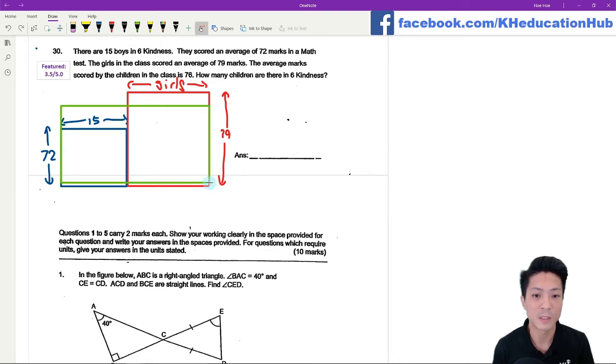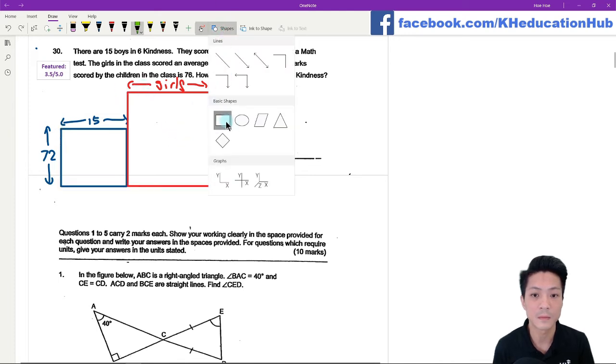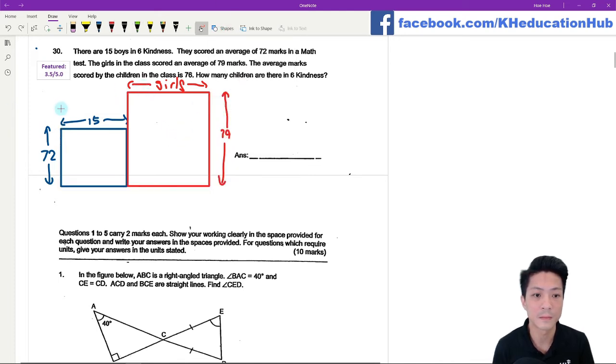I try not to overlap. Where the 76 average will be from here to here.